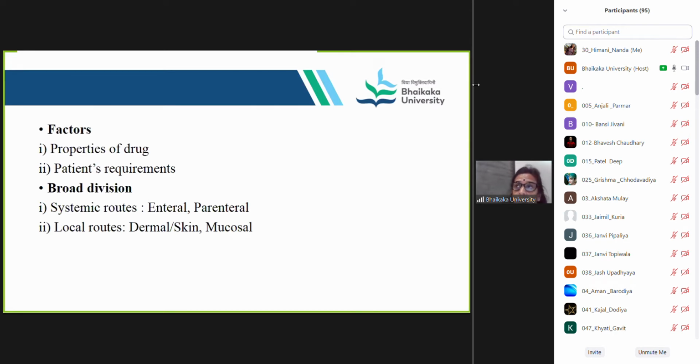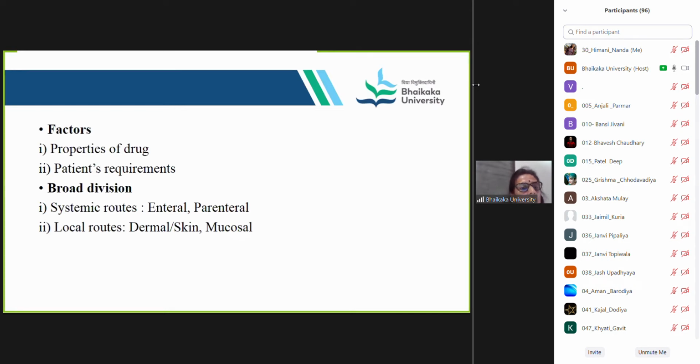There are broad divisions for the overall routes. The drug which is given for systemic action, that route is called the systemic route, which includes enteral, that is oral, sublingual and rectal, and the second route which gives systemic action, that is parenteral.